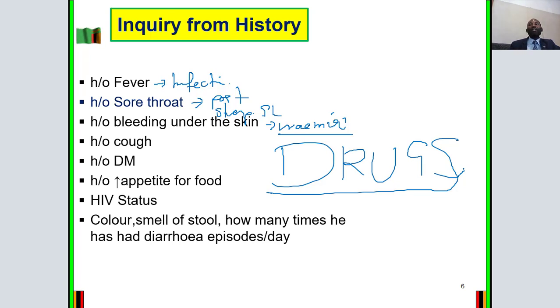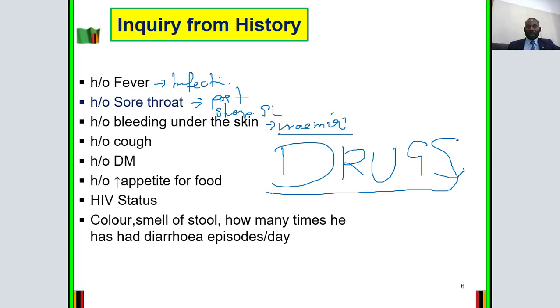You go to the clinic to see a clinician, for the clinician to say, yes, you need a drug, or you do not need a drug. And that's what is important. Anyway, let me not go in that direction. So drugs, very, very important. I hope we are moving together there.